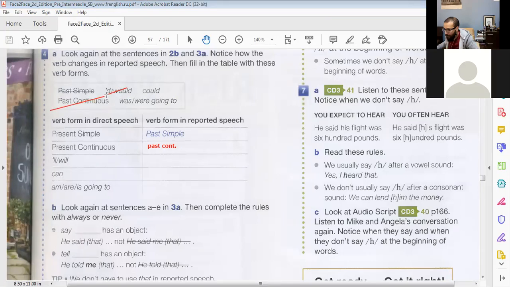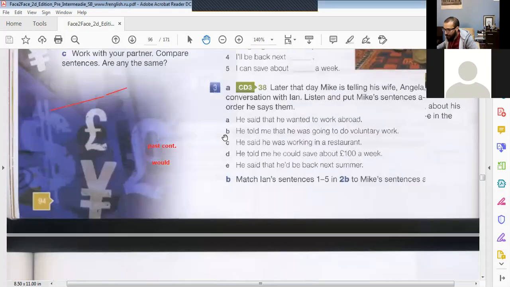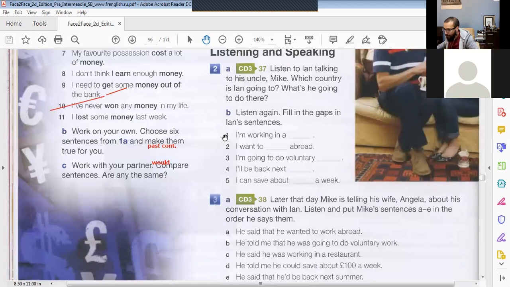Okay, so now we've got 3 rules. Now let's take a look at number 4. Can. Let's see how can changed. So Ian, when he was talking to his uncle, said, I can save about £100 a week. And when Mike talked to his wife, what did he say?